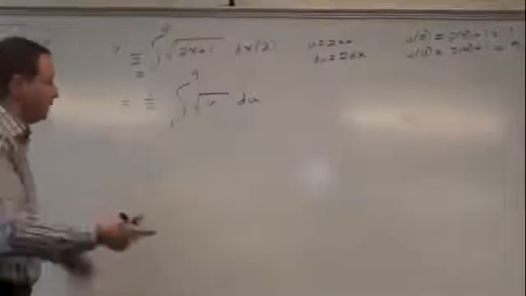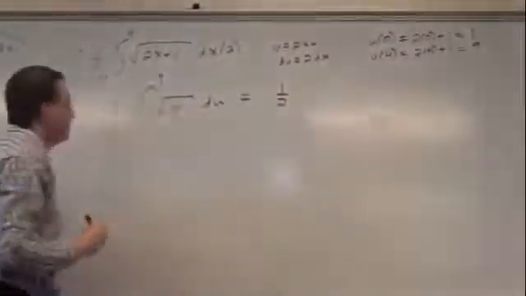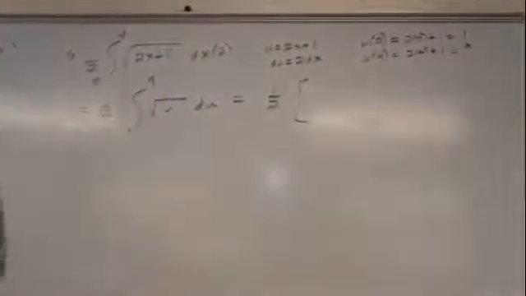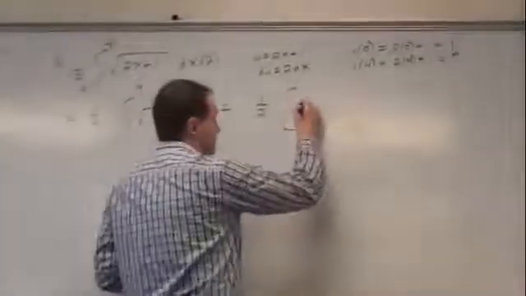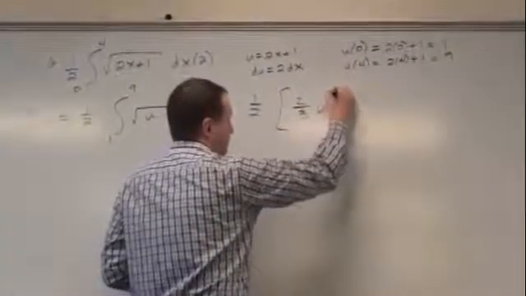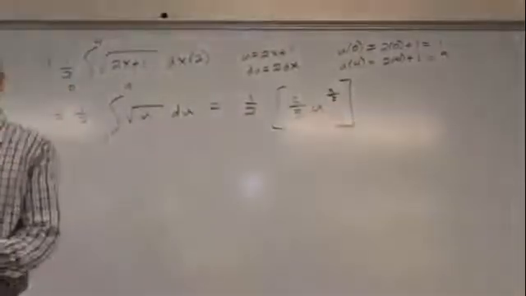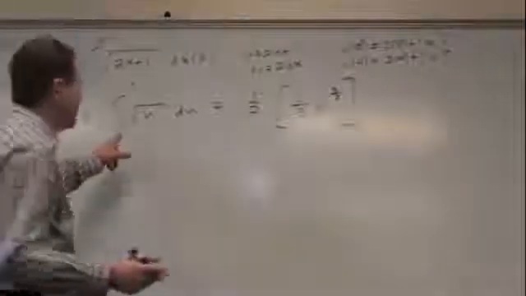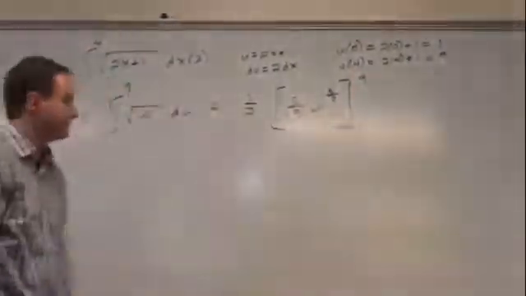So now this is equal to 1/2 times the group. Seen that before. U to the 1/2 becomes u to the 3 over 2 times 2/3. No longer do we have to worry about the plus c, because the c is going to cancel out in your upper and lower limit anyway. So you just evaluate the function from 1 to 9.